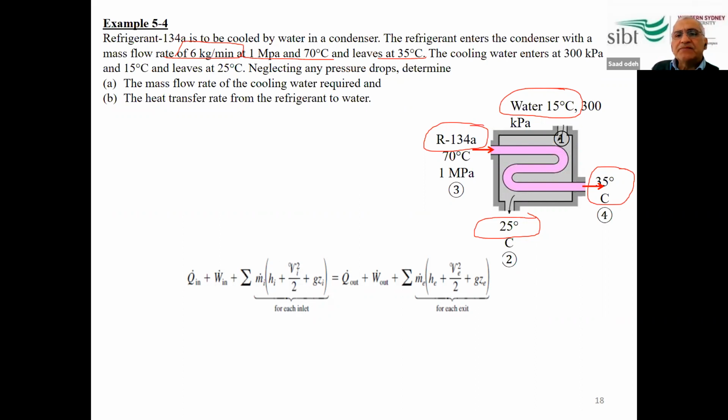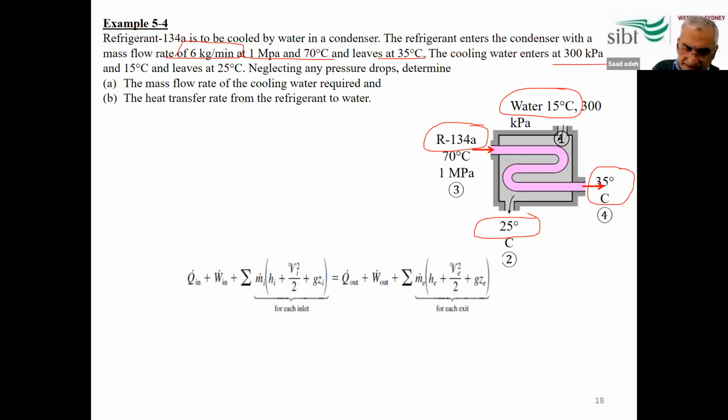On the other side, the cooling water, we know the pressure, and we know the temperature inlet and exit of the water. That's good. But we don't know the mass flow rate of the water. So we need to find the mass flow rate. Okay. Here there is an assumption.